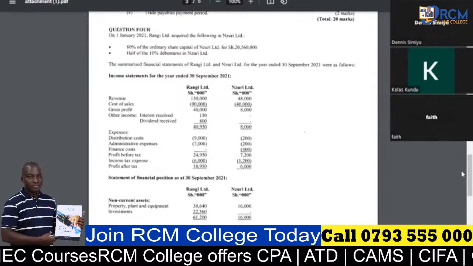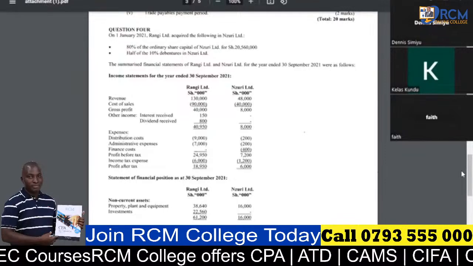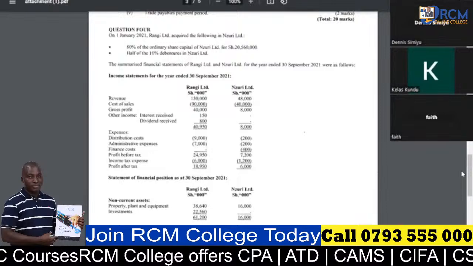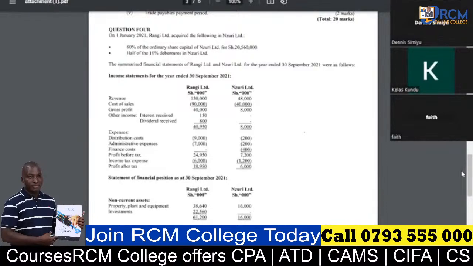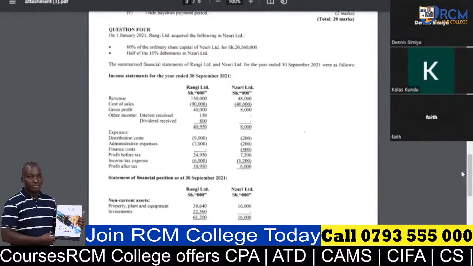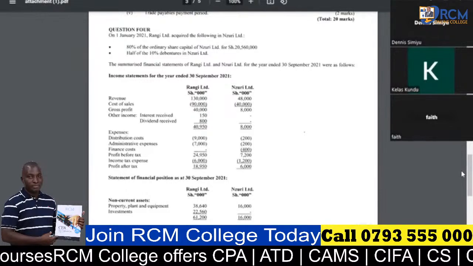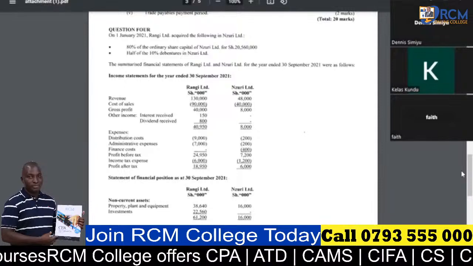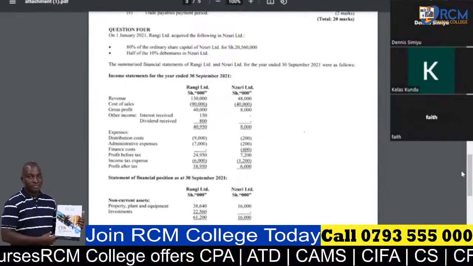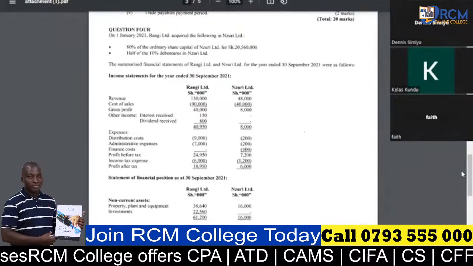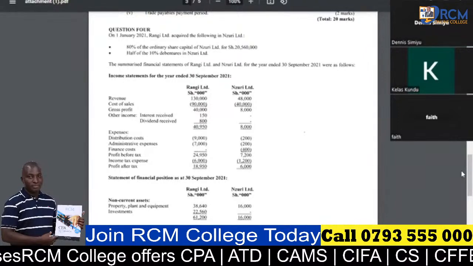You can see the income statement provided, starting with revenue all the way to profit after tax. Then we have the statement of financial position as at 30th September 2021, up to where we have the total equity and liability.